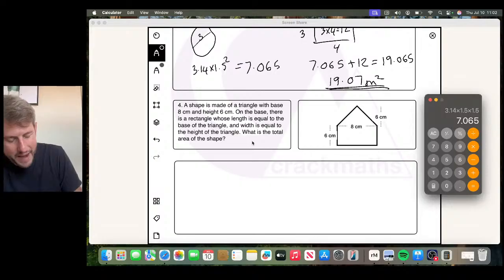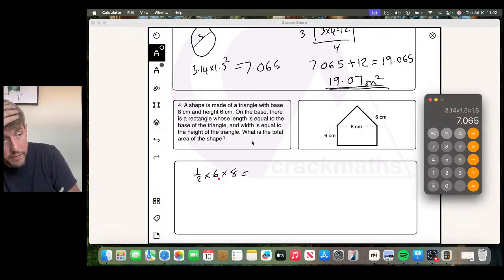Well, we're going to have the area of the triangle, which is going to be half times 6 times 8, which will be half of 6 is 3, 3 times 8 is 24, so that's 24 centimeters squared for the triangle. And then we've got 6 times 8 for the rectangle. 6 times 8 is 48.